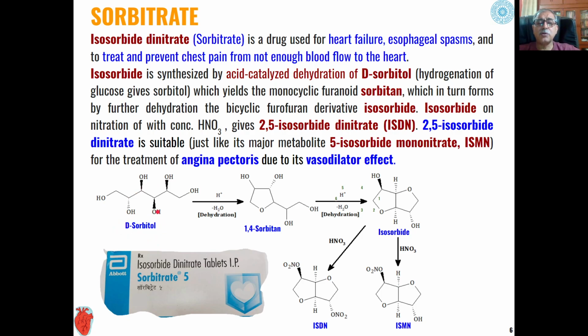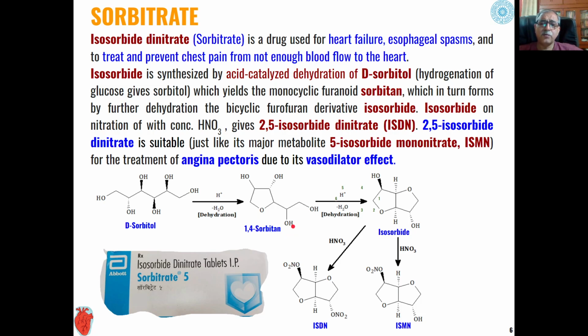When D-sorbitol is treated under acidic conditions, it undergoes dehydration to give us in the first step 1,4-sorbitane.